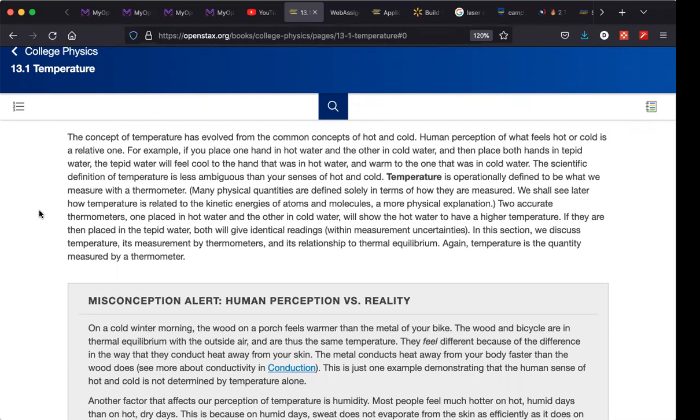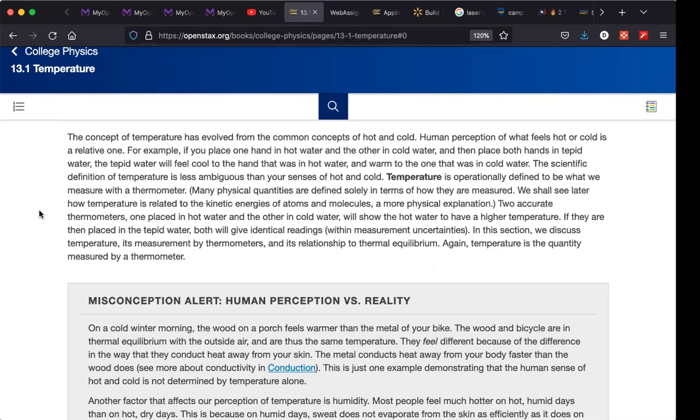And one of the reasons for that is because we didn't really know what temperature was until pretty recently. It was only about 150 years ago, maybe not even that long ago, that they were beginning to figure out what it was. It wasn't really until we started to understand what matter is made of, the idea of atomic matter, that matter is made of atoms, these small particles.